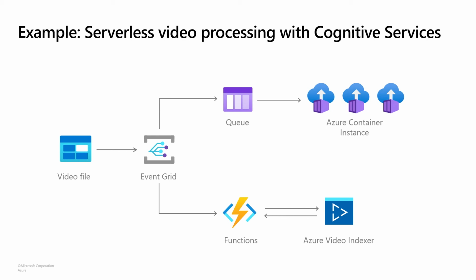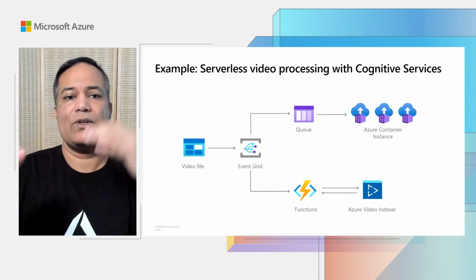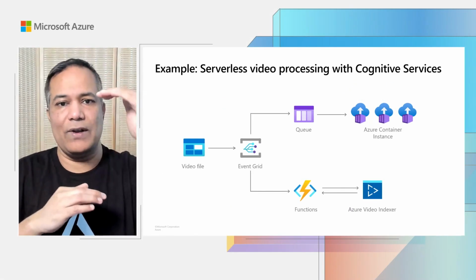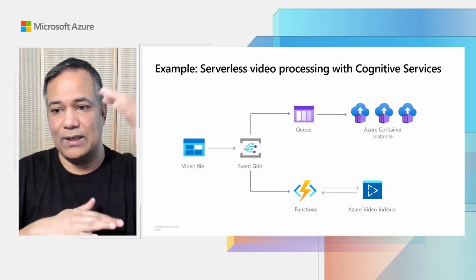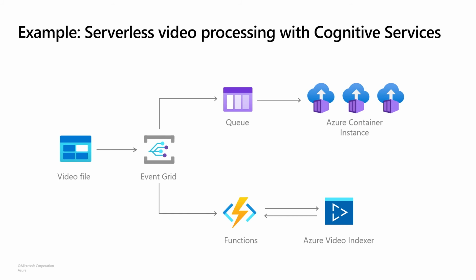It's also putting that data in a queue, and a container instance is picking it up, for example if you're trying to do custom transcoding of those video files. So in this way, you can have this very flexible one-to-many delivery of events from blob storage into these computational or transformation services and really enable the serverless pattern.